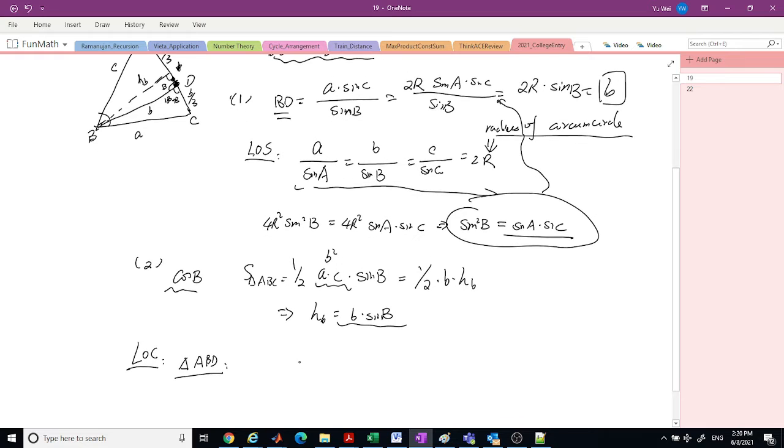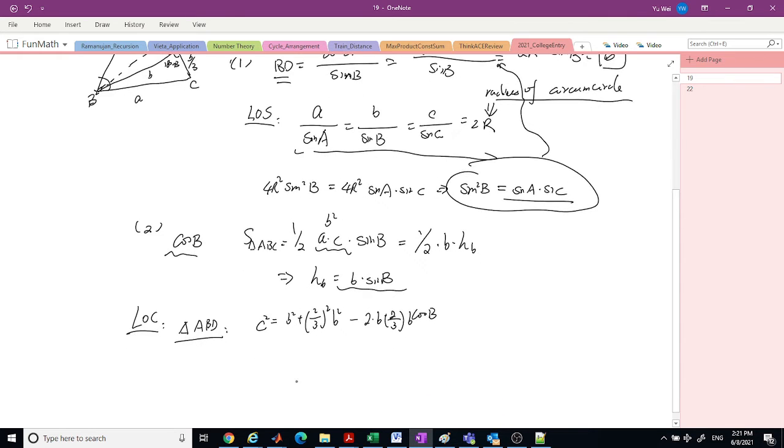We know c squared is equal to b squared plus (2/3 b) squared, minus 2 times b times 2/3 b times cosine B. We can also know that a squared is equal to b squared plus (1/3 b) squared, minus 2 times b times 1/3 b times cosine of (180 minus B), which is plus cosine B.